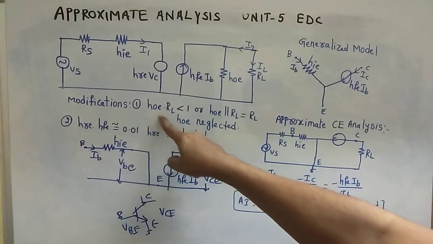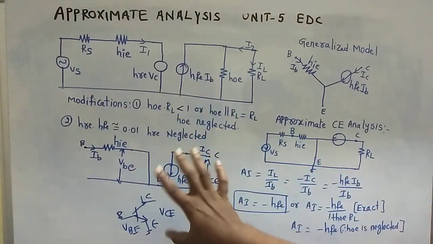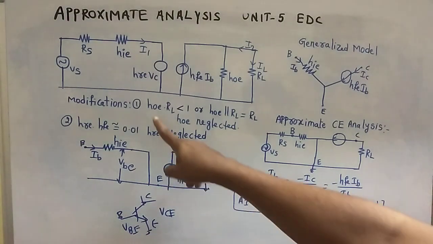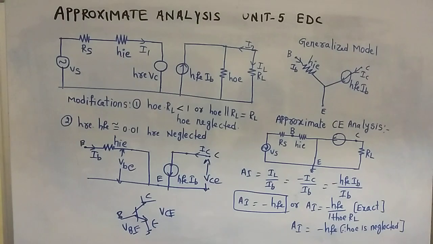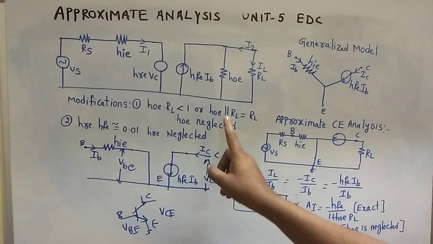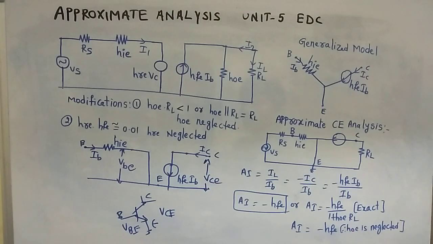That is, hoe into RL value is less than 1, that is the approximate model. You will be given the hoe value and RL value. You multiply those two values, and if that is less than 1, then the given model is the approximate model.